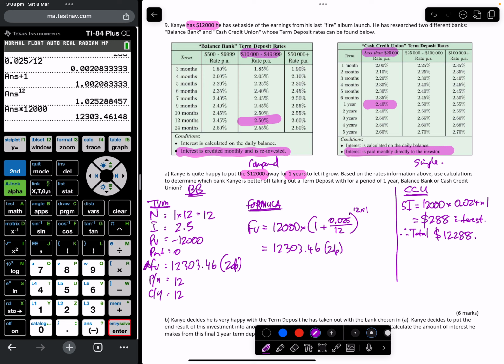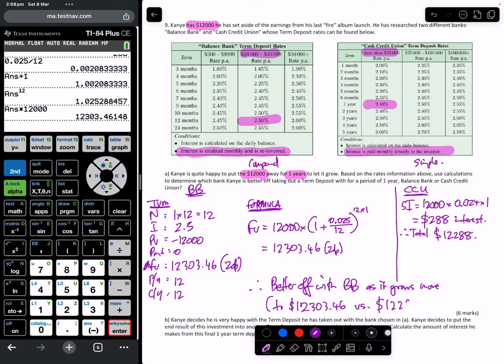Again, therefore, better off with BB. Does it ask you to find how much better off? Which bank is Kanye better off taking out? Better off with BB as it grows more, to $12,303.46 versus $12,288.